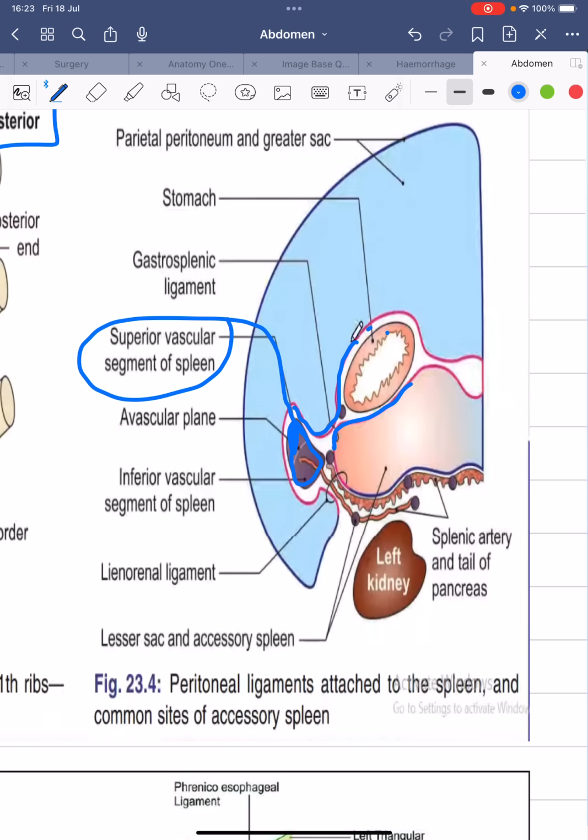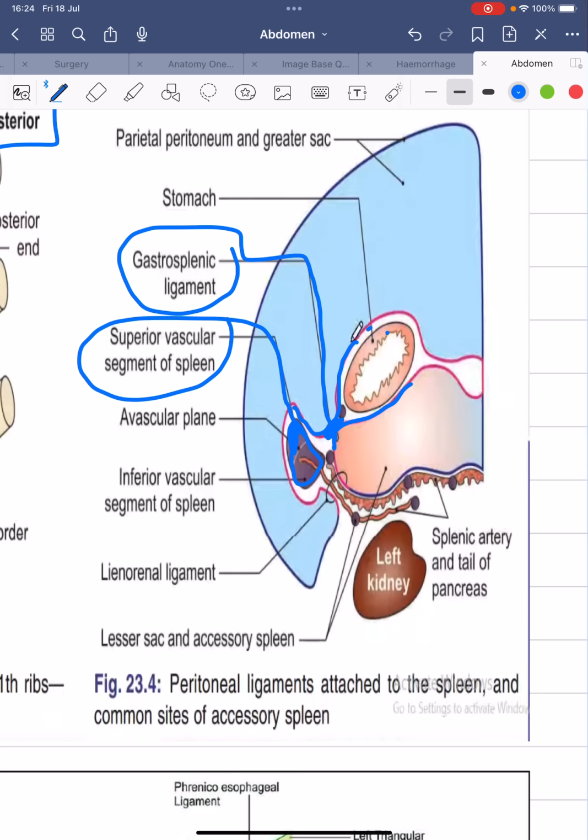This ligament, which I am highlighting now in blue color, is known as the gastrosplenic ligament. So gastrosplenic ligament extends from the hilum of the spleen to the greater curvature of the stomach.